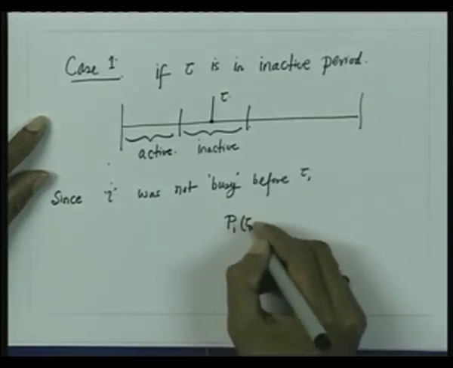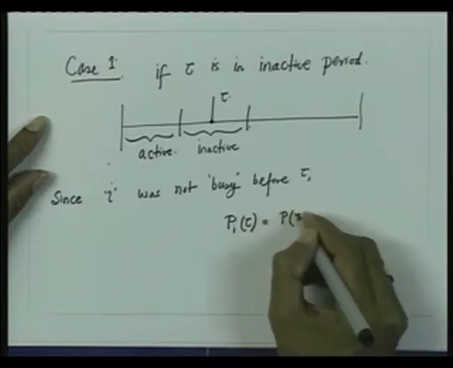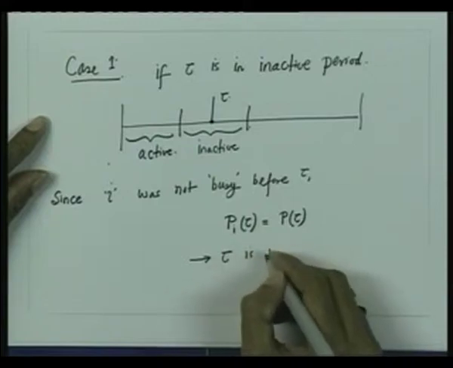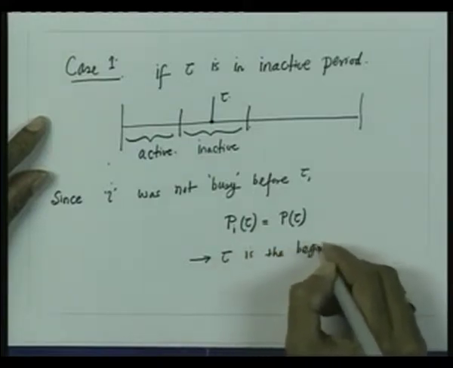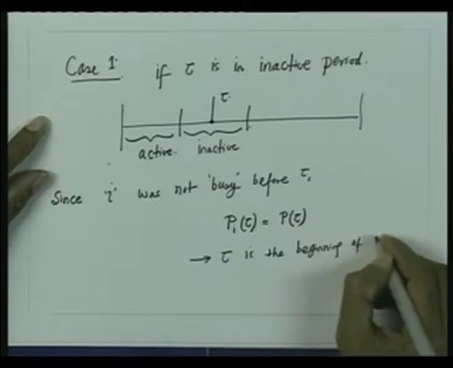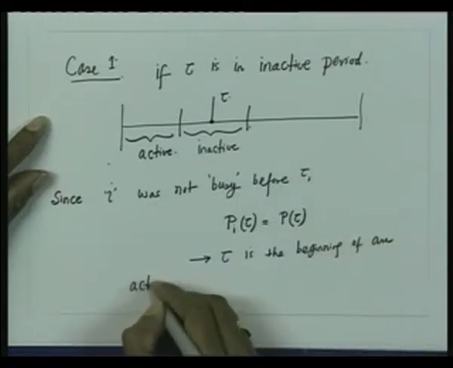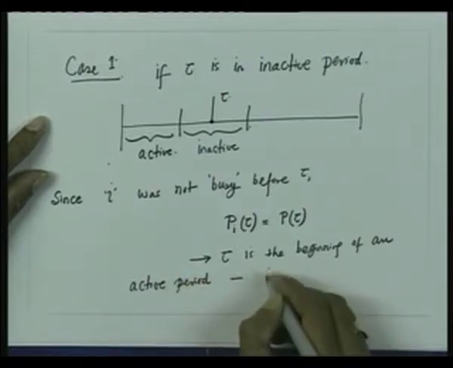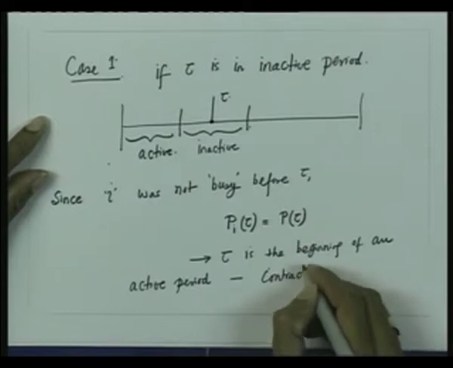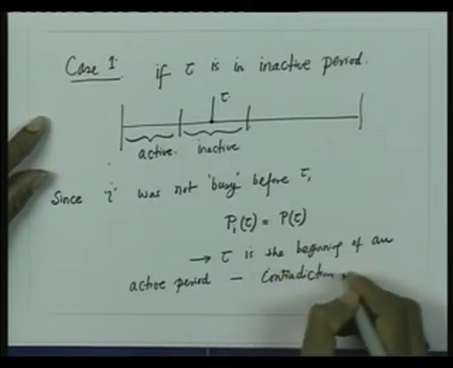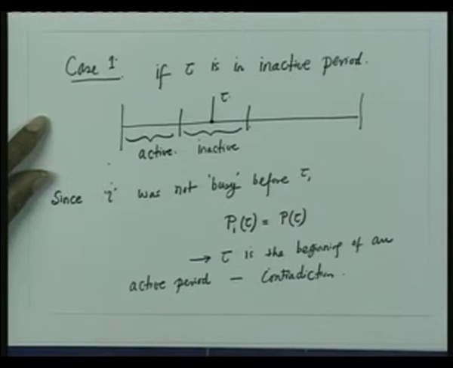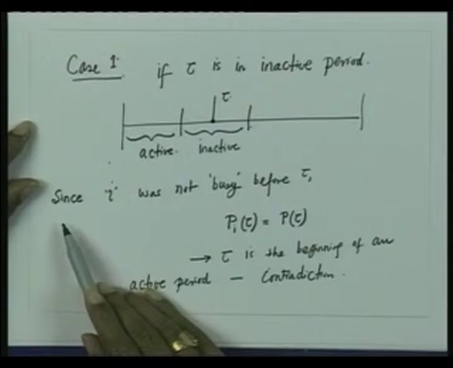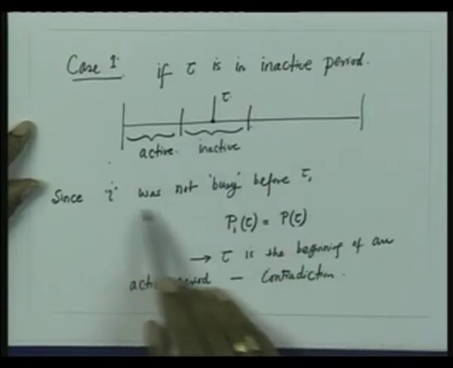So therefore pi tau should be equal to p tau, but that means that tau is the beginning of an active period also, which is a contradiction. And therefore this is not possible, tau cannot be in the inactive period. So this is the first case.